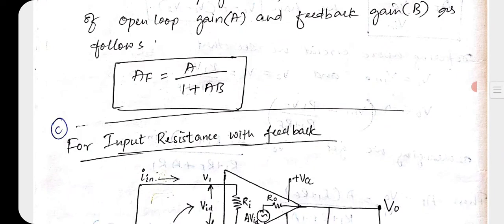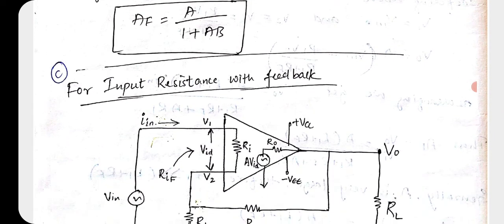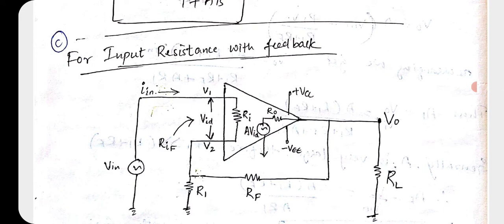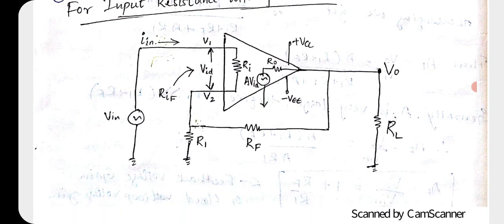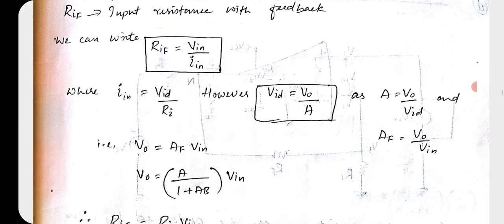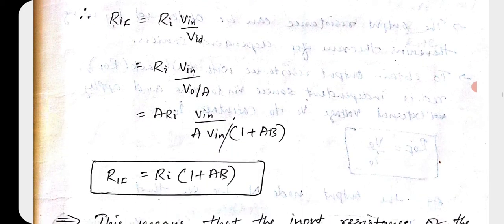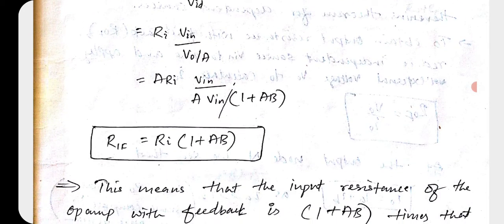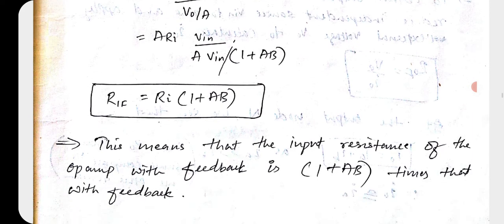Then further, if we continue, input resistance with feedback. Without feedback, input resistance will be only Ri, right? With feedback, it is going to become RIF. Okay. So if we derive this, finally we will get that RIF, feedback input resistance, will be equal to Ri, that is input resistance, into 1 plus AB.